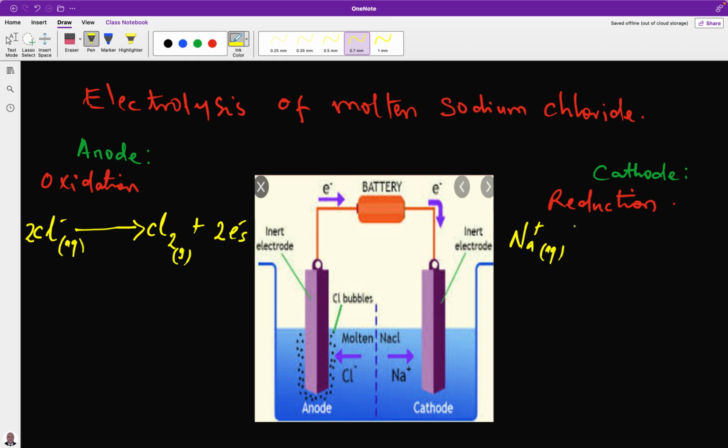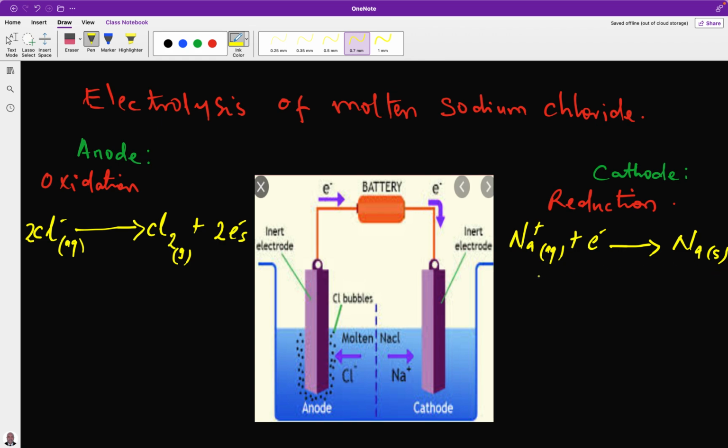The sodium ion must get back that electron to be deposited as a metal at the cathode. So the sodium will gain electron to be deposited as the sodium solid at the cathode.